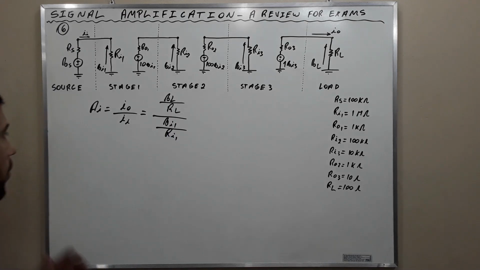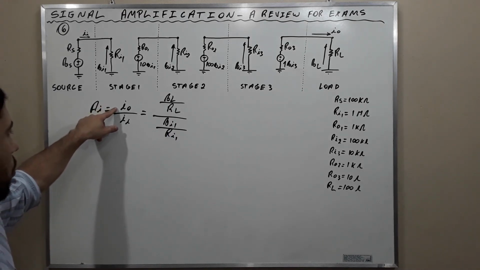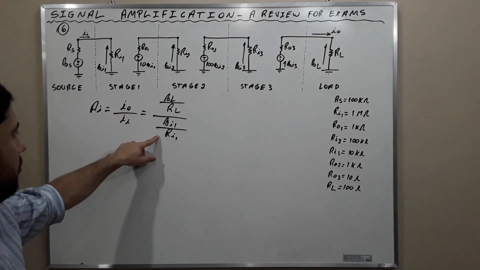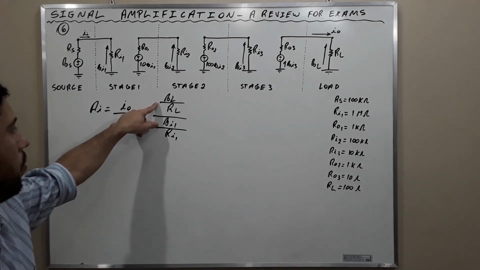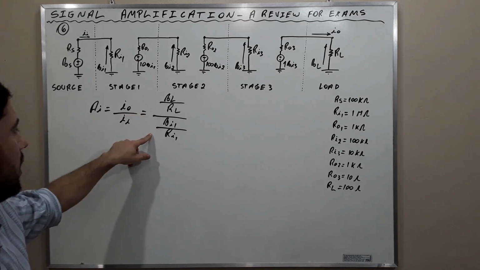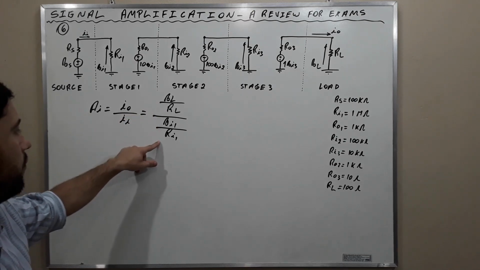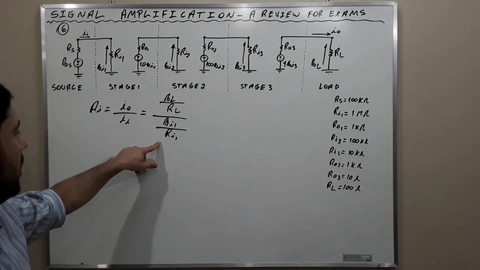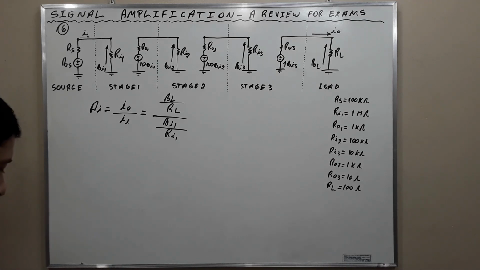Remember that we are calculating current. IO is VL over RL and II is VI1 divided by RI1.